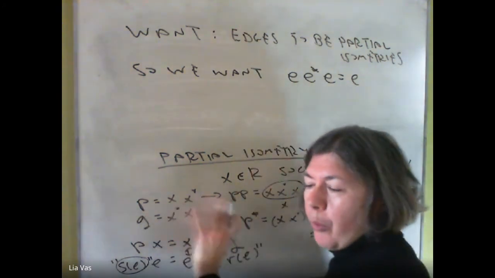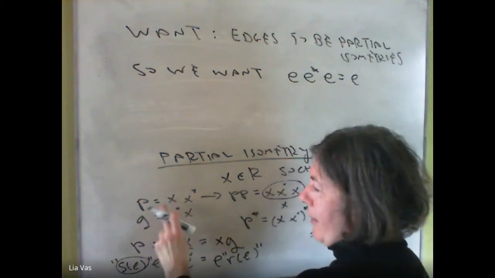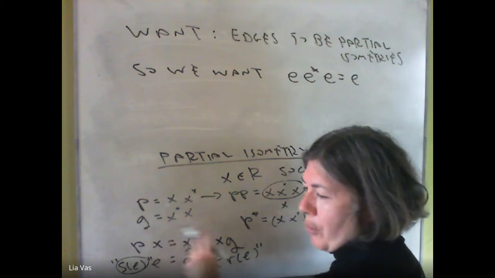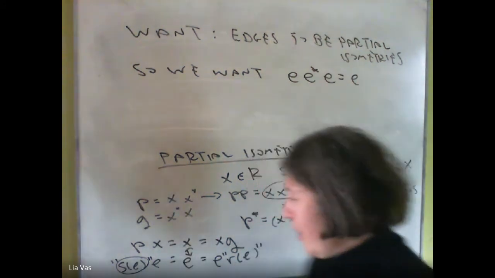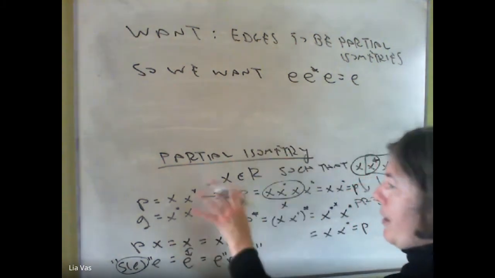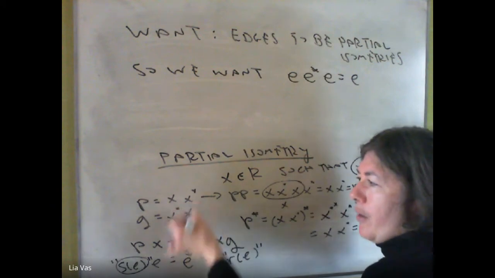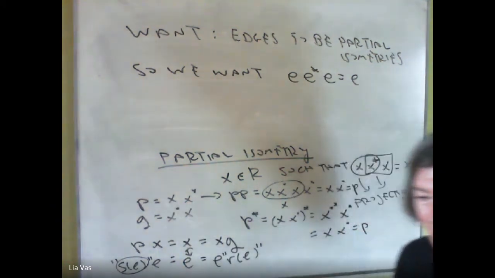So if you're reading a book only on star rings, there is the reference that this is actually range and this is source. For graphs, it's the other way around. But it's good to keep in mind the relation between this definition of partial isometry and the roles of these two projections and the source and ranges of the graph.